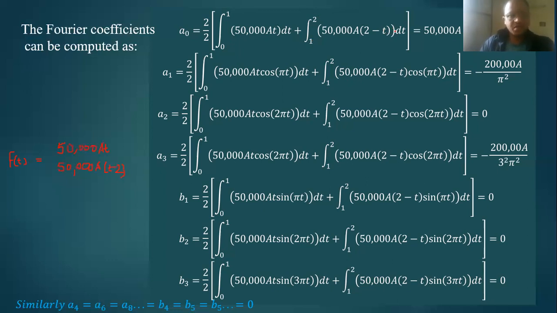This is the expression 2 minus t. So from this, we get A0 equal to this value.